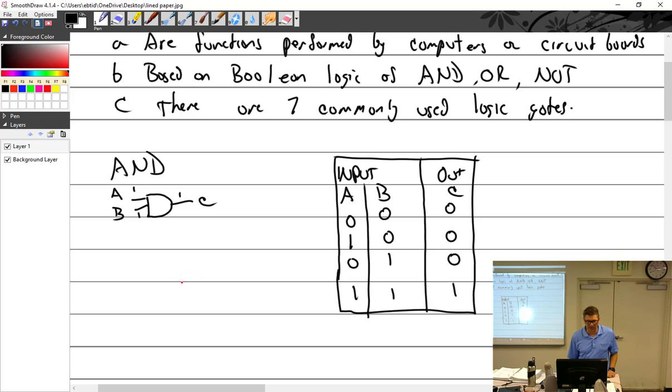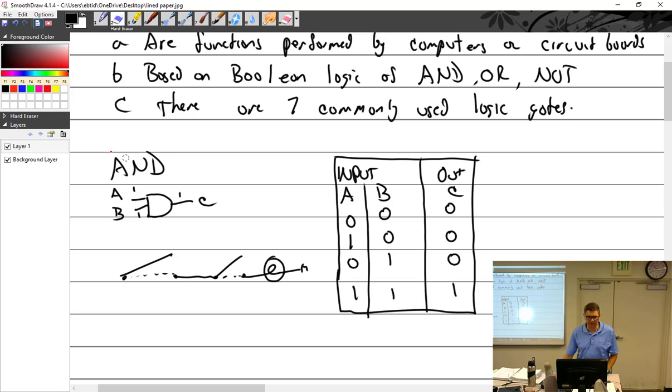You'd have a switch and another switch, and when both of them are closed, you want the light to come on. Well, they would just be in series. So if one closes and two closes, the light comes on. It's like saying a 1 and a 1 is a 1. If either one didn't close, the light would not come on. That's more of an analog way of doing it, but I can't think of the analog for all of them, so it would be very difficult.